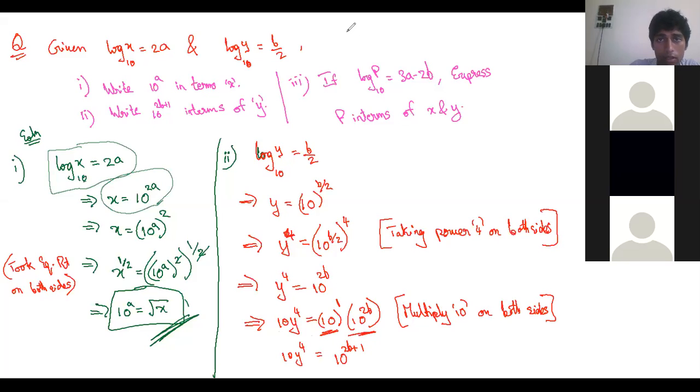Therefore, this is the answer: 10 power 2b plus 1 is equal to 10y to the power 4. The first answer is root x, the second answer is 10y to the power 4. Everyone is clear? Anyone has any doubt?